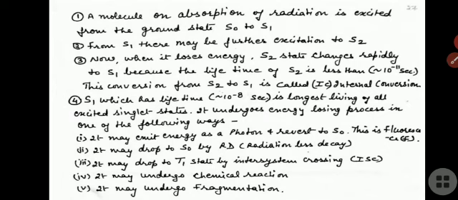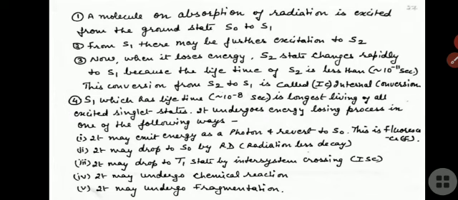The lifetime of upper excited singlet state is usually less than 10 to the power minus 11 second, and they rapidly decay to the lowest level S1 by a process called internal conversion. Decay of S1 to S0 may also occur, but it is usually a slower process than decay from higher electronic singlet states S2 etc. to S1.